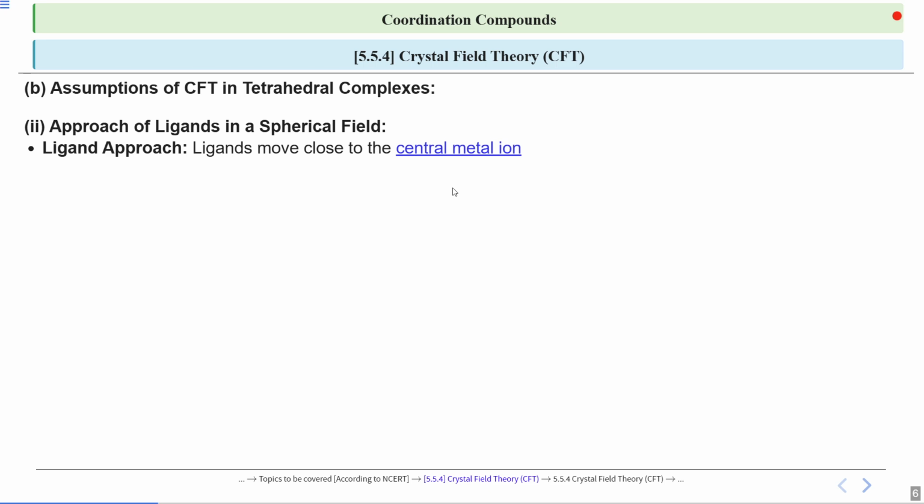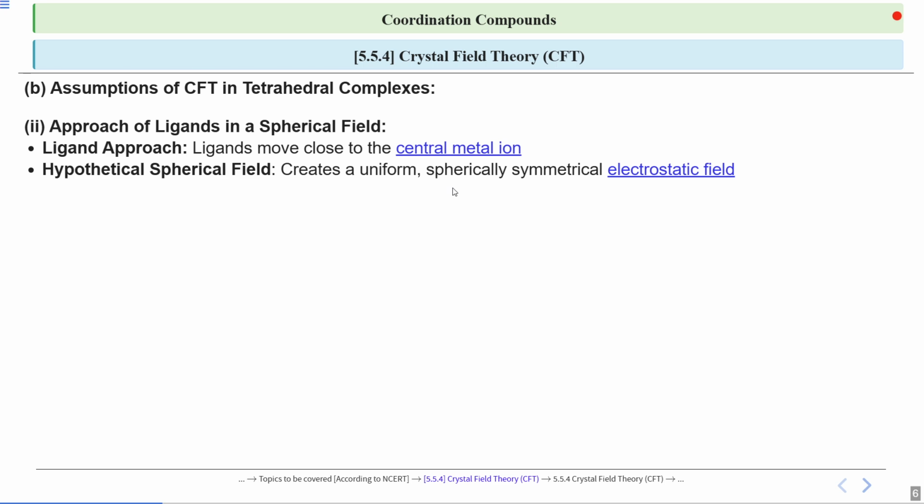Now the central metal has to make a bond with the ligand, so the ligand is going to approach the central metal ion to form the bond. That's what we are saying: the ligand is approaching towards the central metal ion.